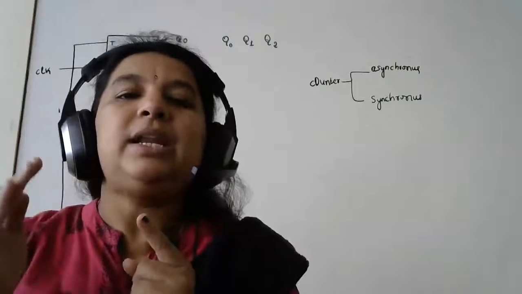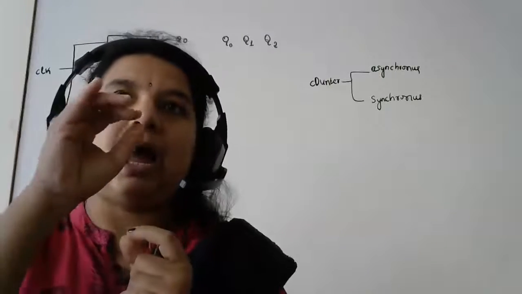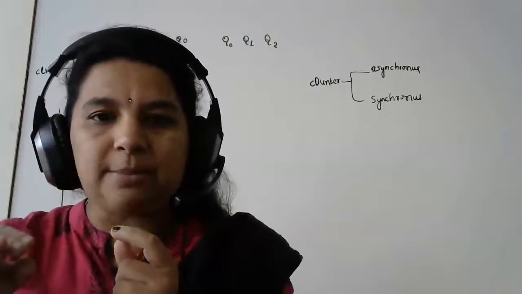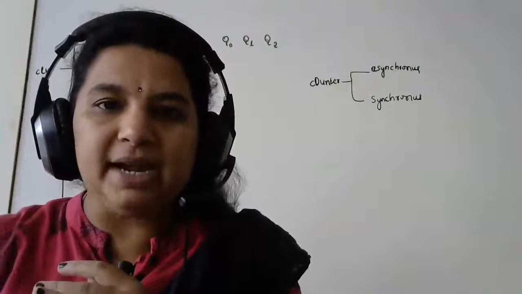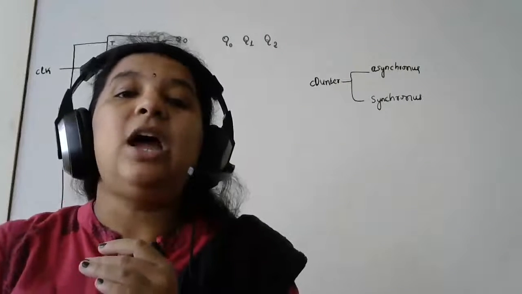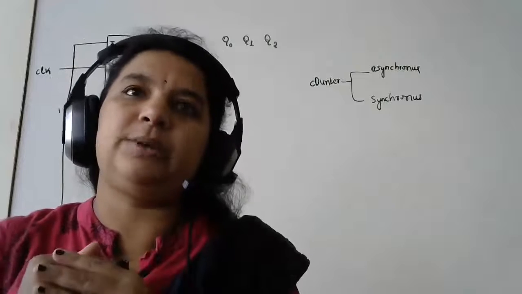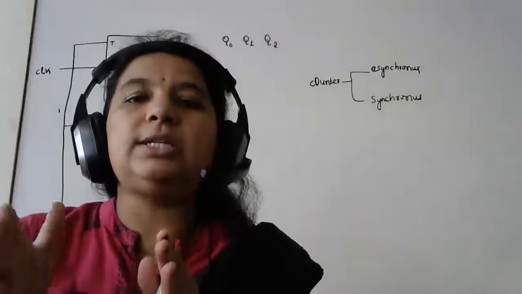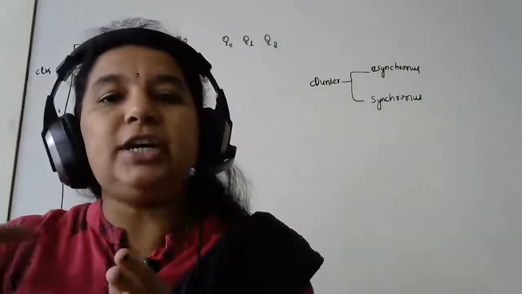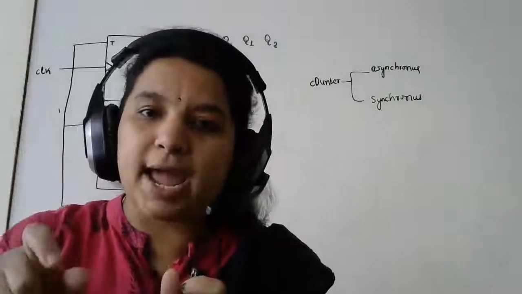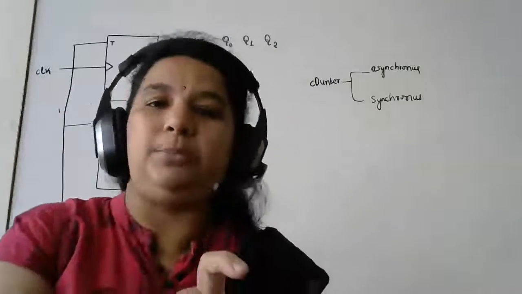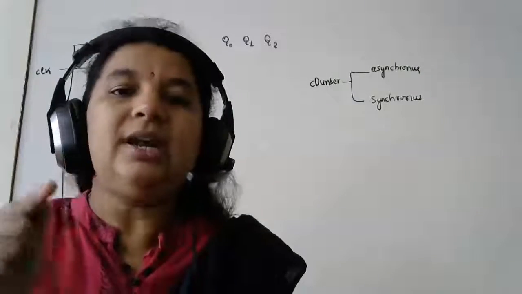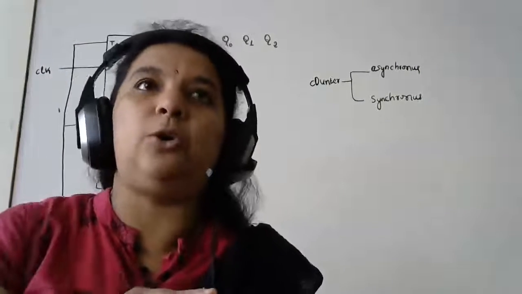Similarly, in the counter here also, I apply an input. As soon as I apply an input, if I'm getting an output immediately, then I call it an asynchronous counter. Then what are synchronous counters? Synchronous counters are ones in which the output is synchronized with the control inputs.